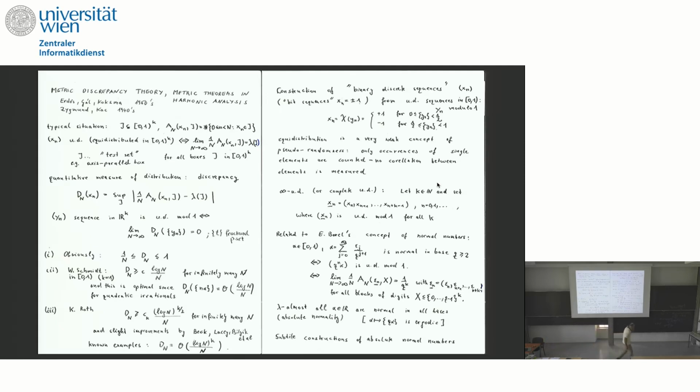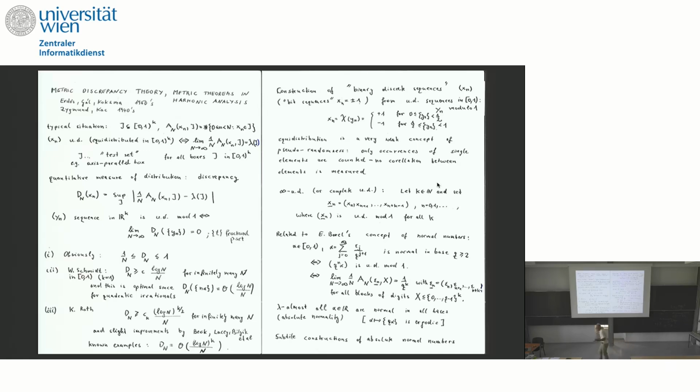Of course, uniform distribution is a concept which is related to randomness properties of sequences. And of course, randomness properties of sequences are also of interest for theoretical computer scientists, but they are more interested in discrete sequences, 0-1 sequences or +1, -1 sequences.